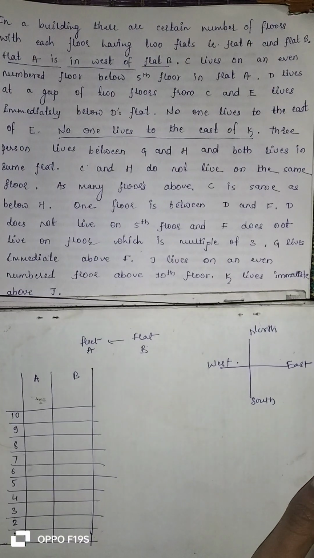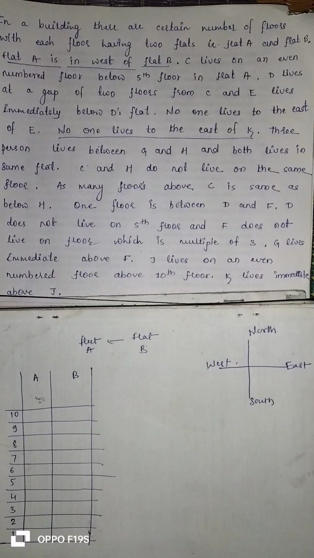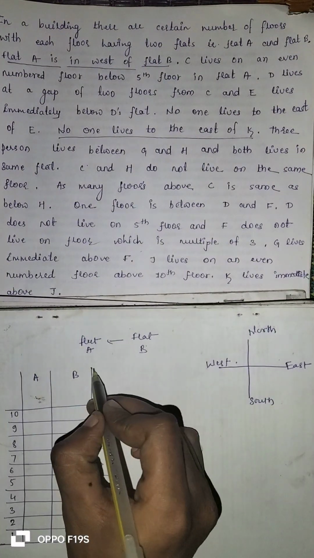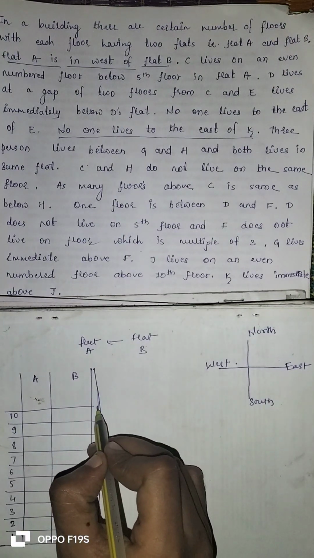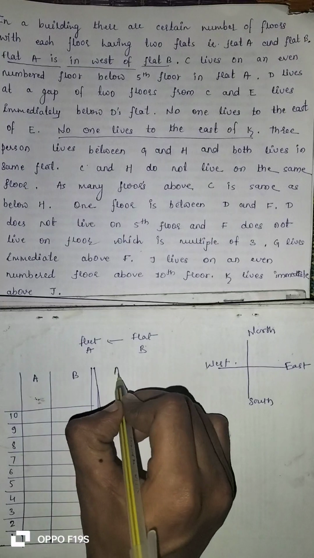Okay, see what they are saying, that C lives on an even number floor below the fifth floor. Even number floor, that means that may be the fourth floor or maybe the second floor. So to satisfy this, I have to make one more arrangement here.